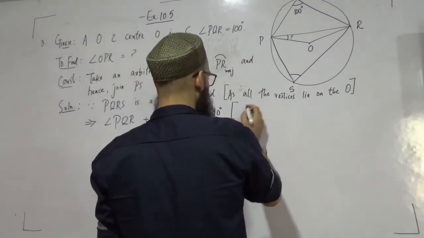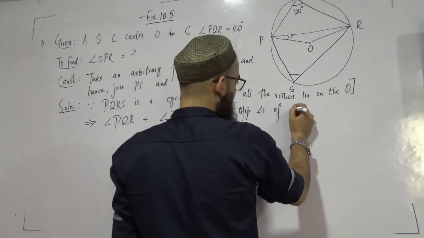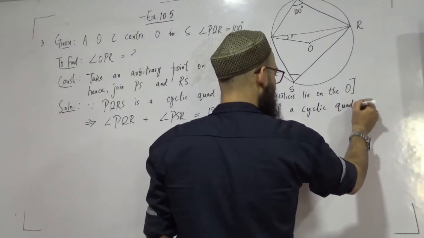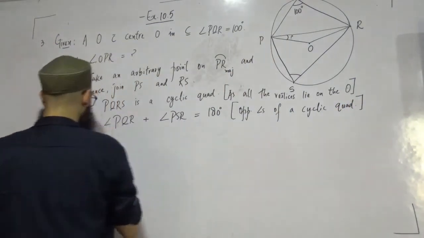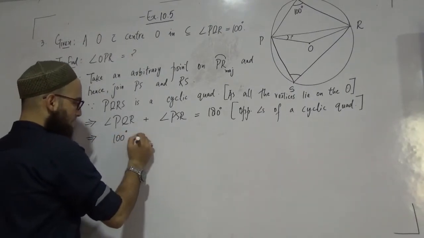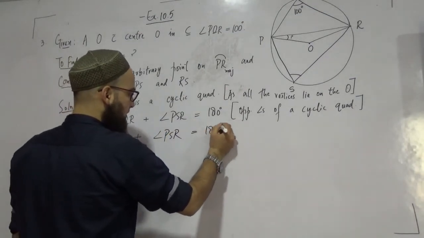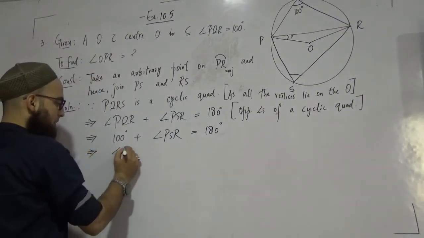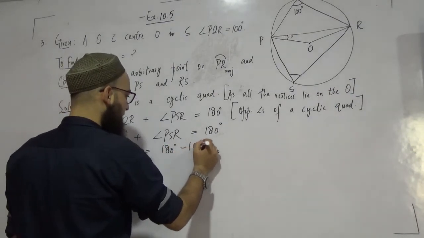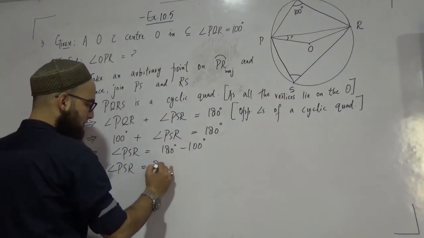PQR plus PSR is equal to 180 degrees, opposite angles of a cyclic quadrilateral. Got it? Then PQR is 100 degrees plus PSR is equal to 180 degrees, which implies that angle PSR is equal to 180 degrees minus 100 degrees. Therefore, angle PSR is equal to 80 degrees.